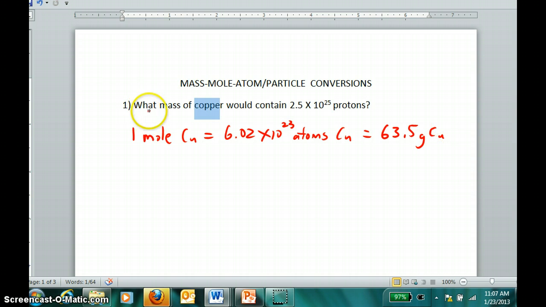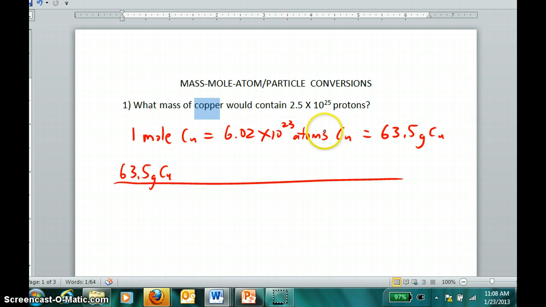Now I like to start problems by our factor label method with the answer that I'm looking for, and I'm asked for a mass of copper. And of course this is a mass of copper right here. So I'll start with 63.5 grams of copper, but I have to use that in combination with either moles of copper or atoms of copper.